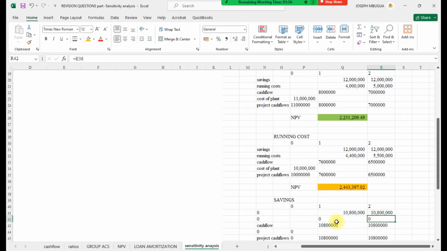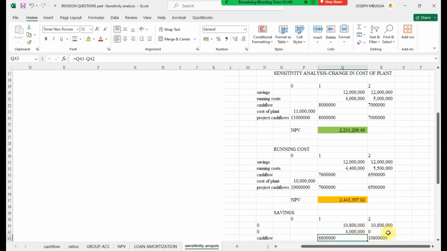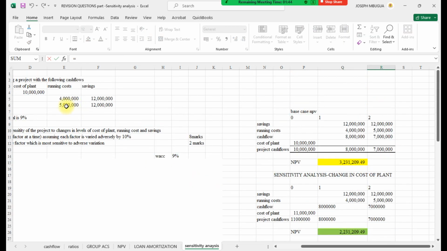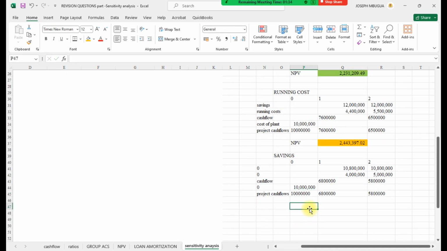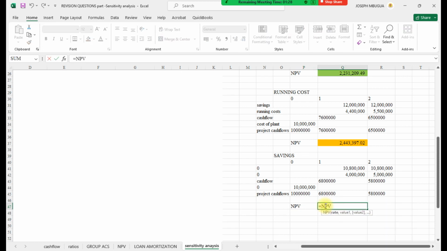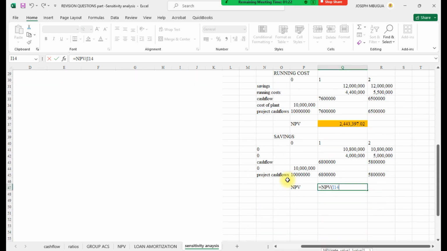You will get that value, and the cost will remain. The key thing is to know that we are varying an item at a time. The cost will remain constant, and the cost of plant will also remain constant, meaning your NPV will be the rate which we had there, and the values which have already reduced, and you minus your initial, which is a constant of 10.